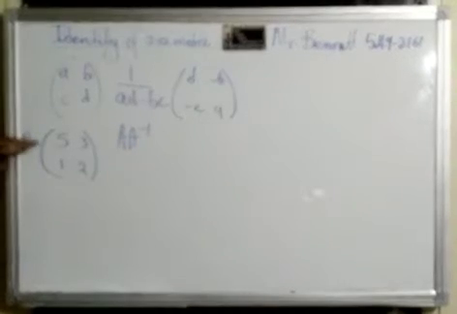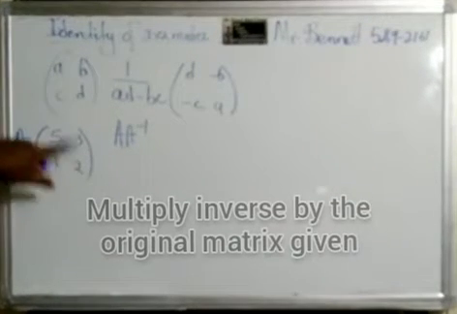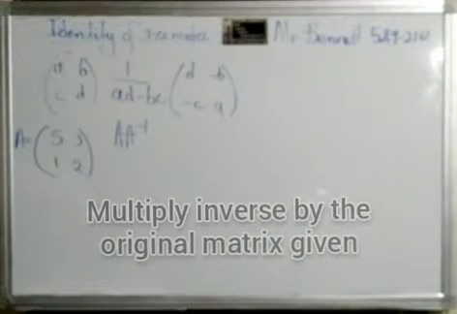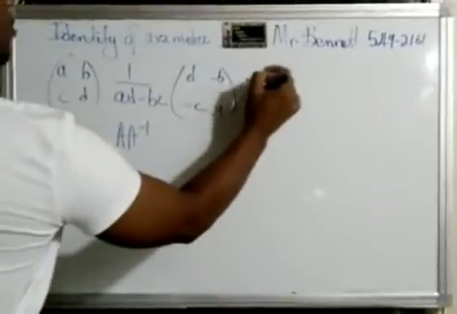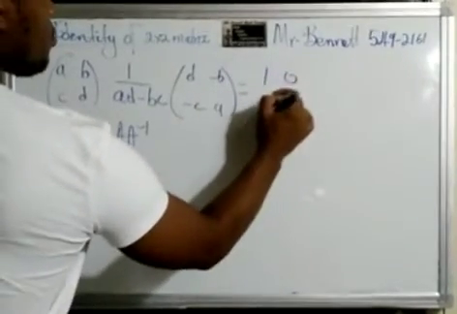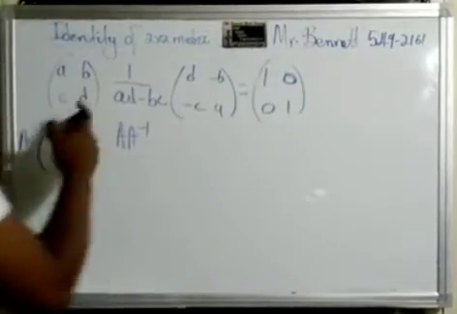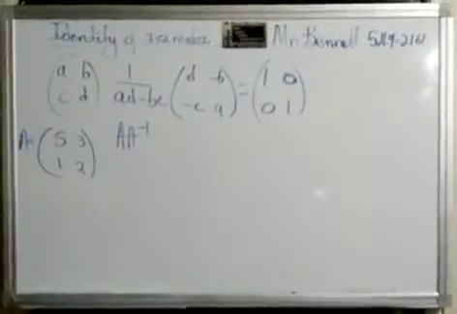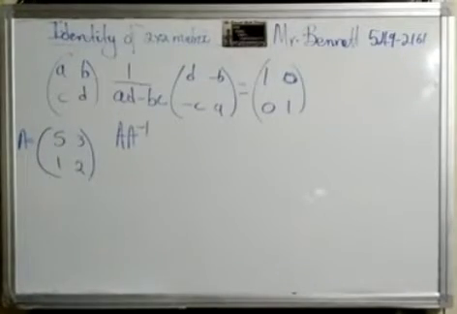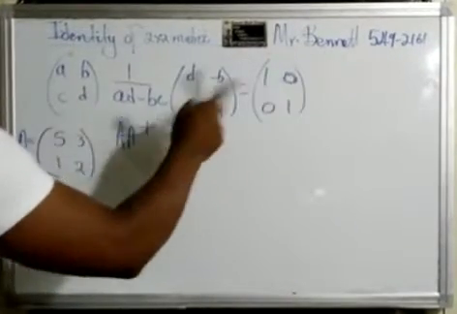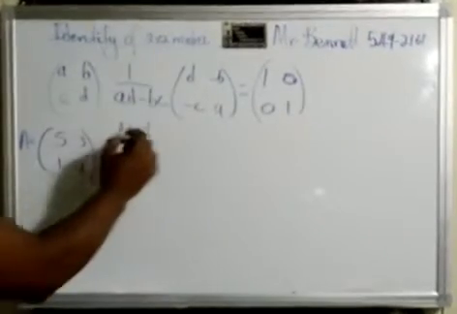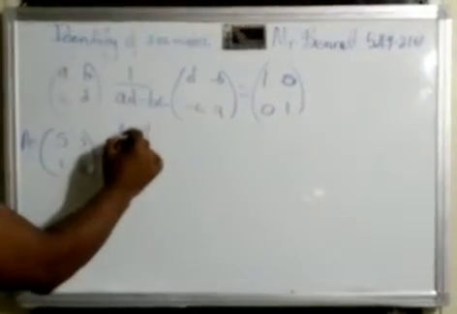So all we have to do is find the inverse of this and multiply it by this, and we should get this. The question says show that A times A inverse is equal to 1, 0, 0, 1, and that's the identity. What it means is if I multiply this by a matrix, you get back the matrix. So it's the identity. It doesn't change it.